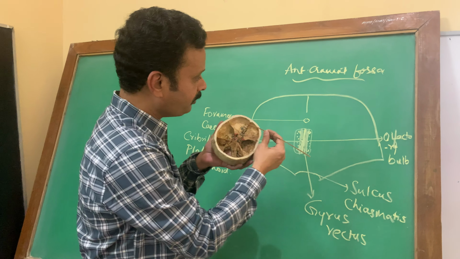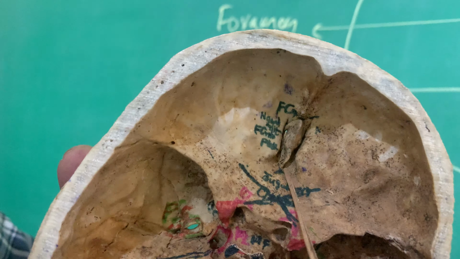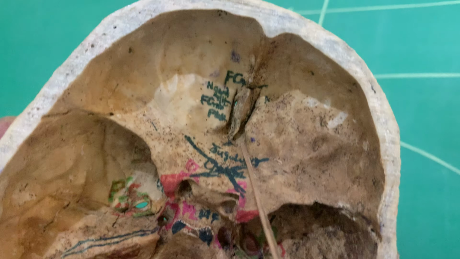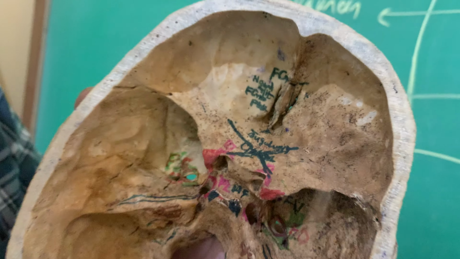So we are finished with the frontal crest, the foramen cecum, and the crista galli. Now, more posteriorly, this portion is the highest point of the sphenoid bone, hence we call it the jugum sphenoidale. The ethmoid bone articulates with the sphenoid bone here, and this is called the jugum.